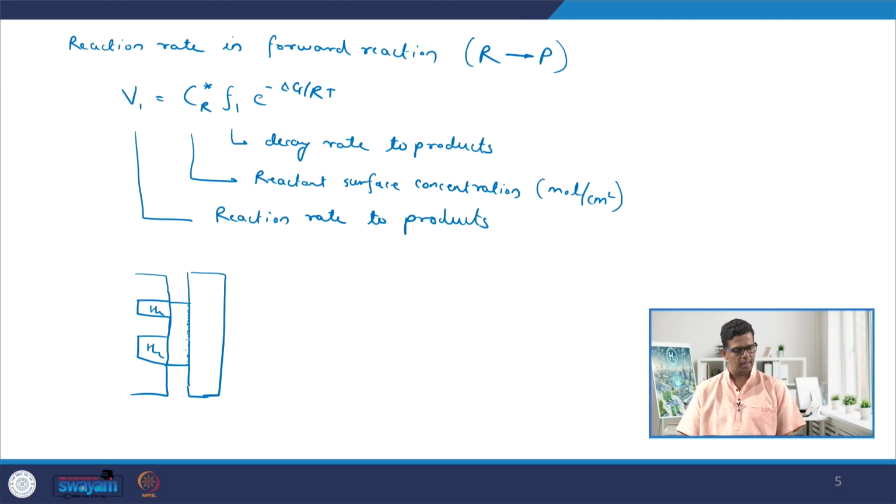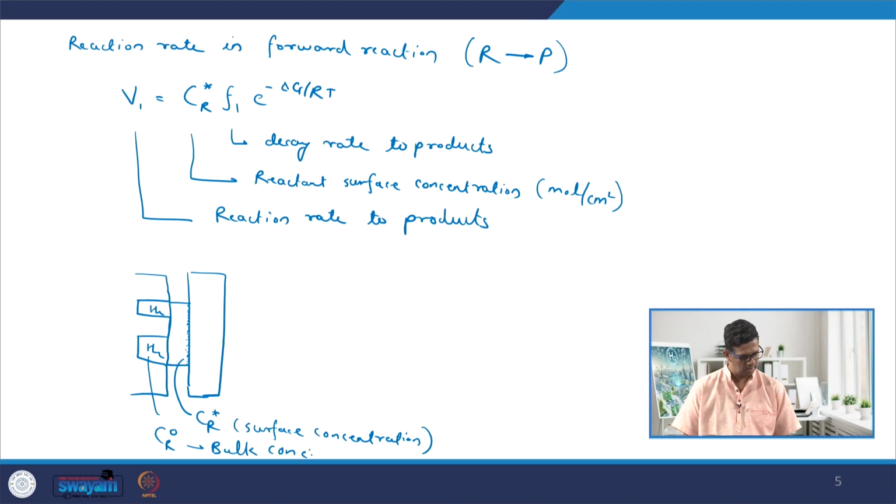The reaction site determines the actual concentration, and it is called the surface concentration. We can expect the concentration here to be Cr star, the surface concentration, and what is being supplied is our bulk concentration C0R. So, this is the bulk concentration.